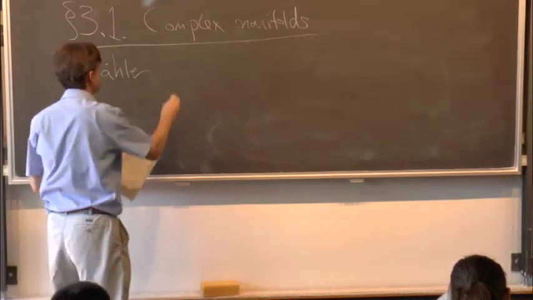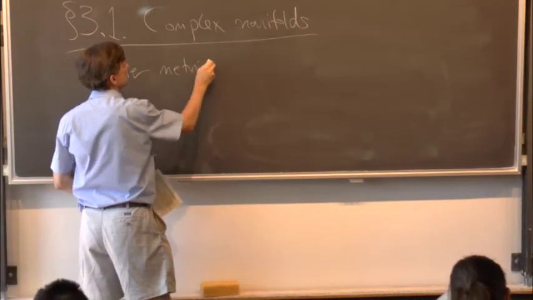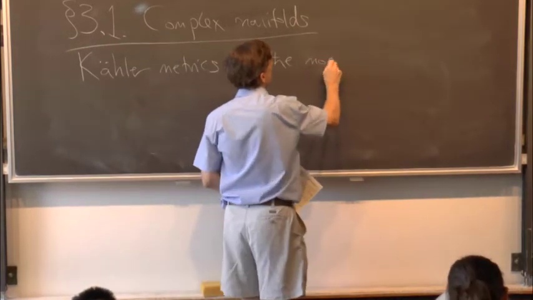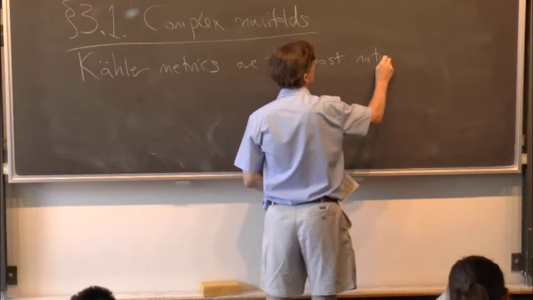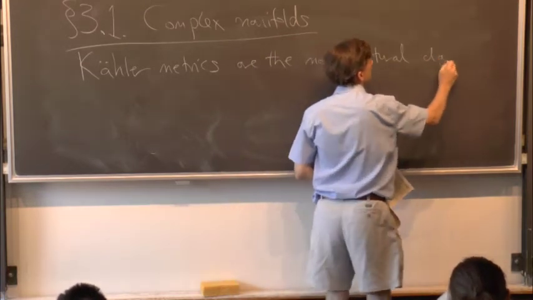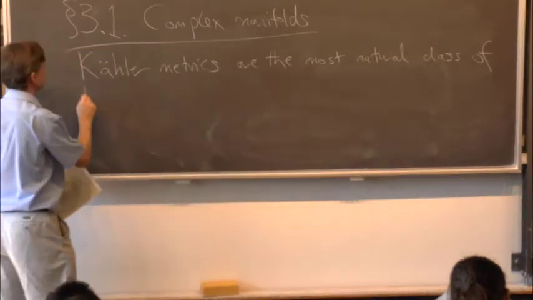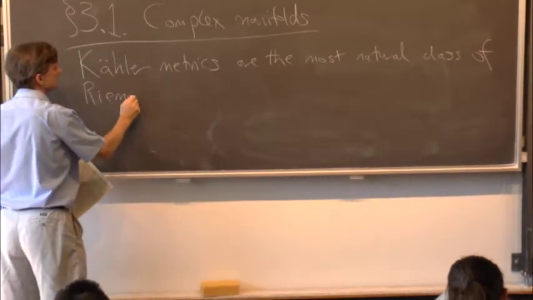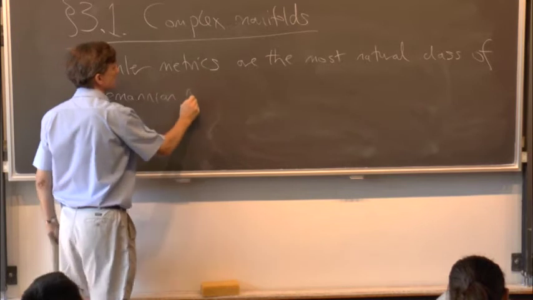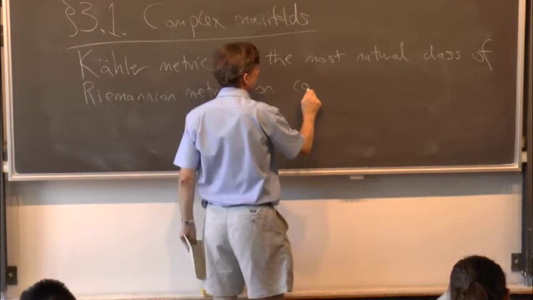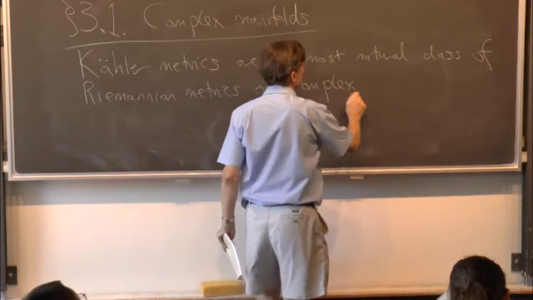Kähler metrics are the most natural class of Riemannian metrics on complex manifolds.